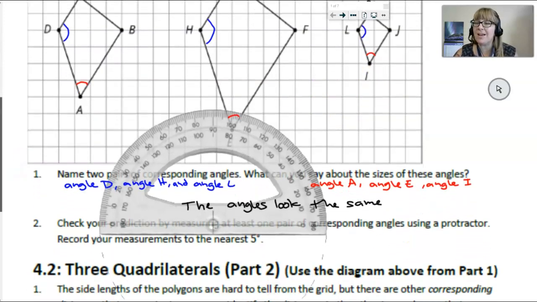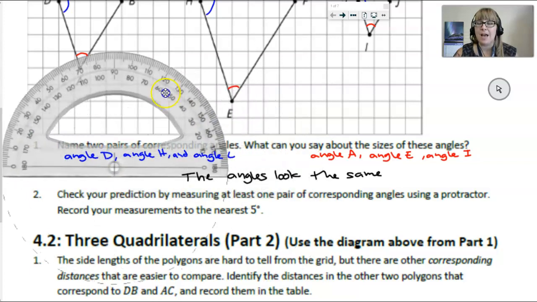As we measure, because our measurements are going to be a little bit off, especially mine since I'm going to be using this on the screen here, it says let's help us out and let's measure to the nearest 5 degrees. And what that means is if I end up measuring an angle that's 21 degrees, instead of trying to be precise and say 21 degrees, I would round that to the nearest 5th degree, which would be 20 degrees.